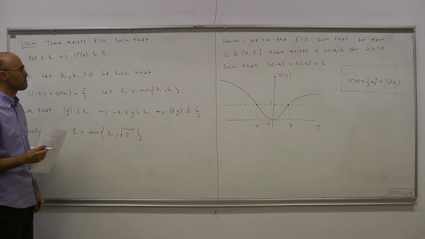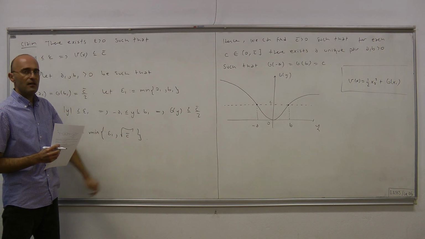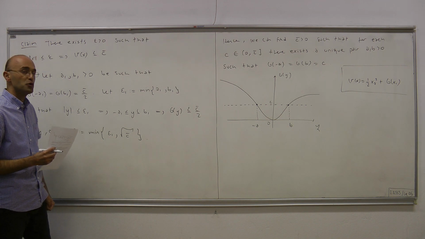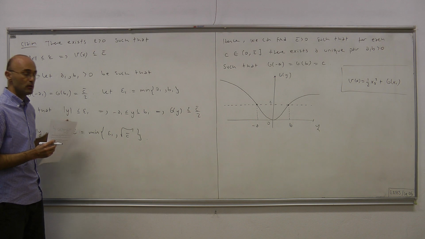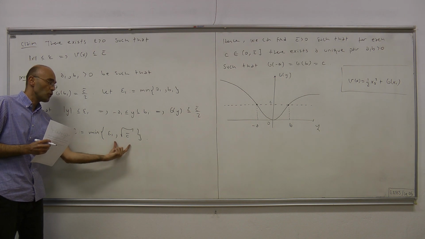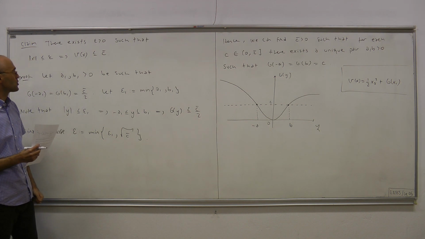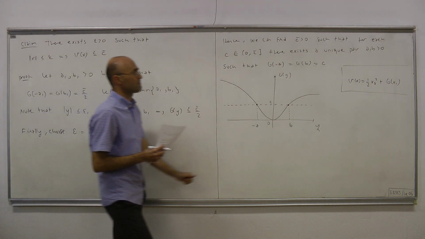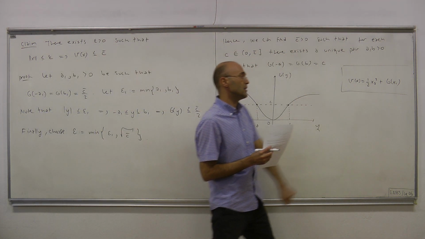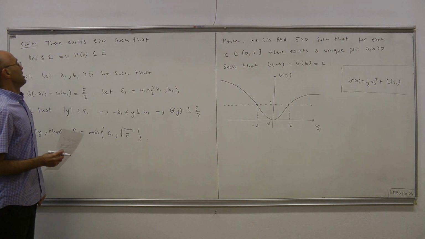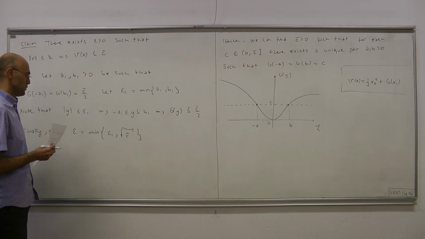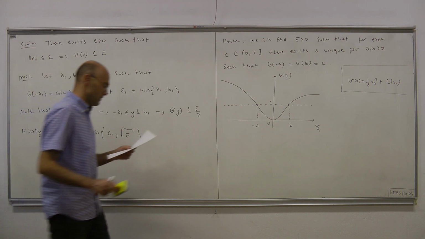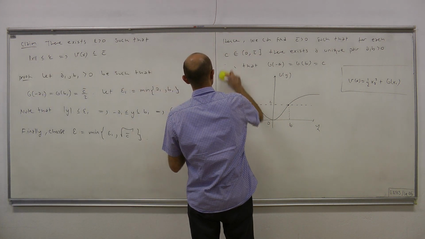And now, using the inequalities here, what we're going to show is that if x is less than or equal to epsilon chosen as such, then v of x, defined here, cannot be larger than c bar. It must be smaller than or equal to c bar. So let's see how that will follow.